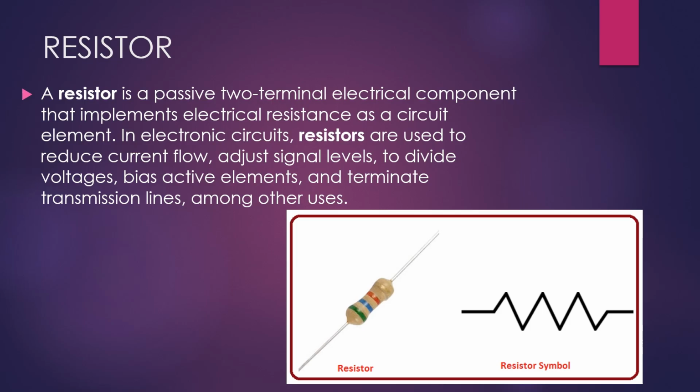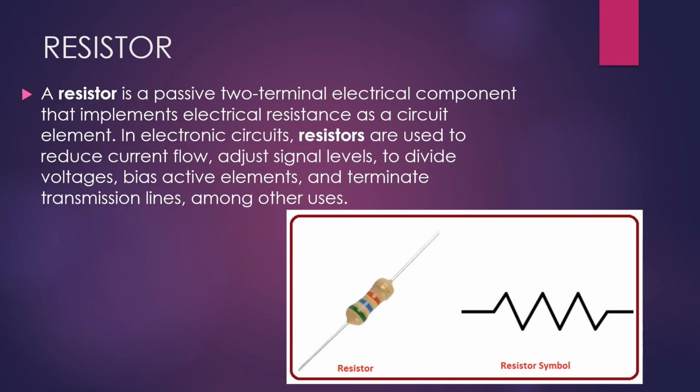So in electronic circuits, resistors are used to reduce current flow, like I said in the beginning, and adjust signal levels. If you have signals that have high pitches and you want to reduce the pitch, you can use a resistor. Also to divide voltages.